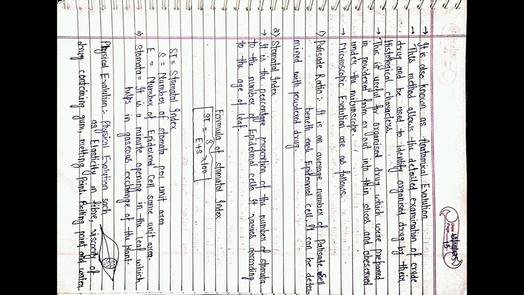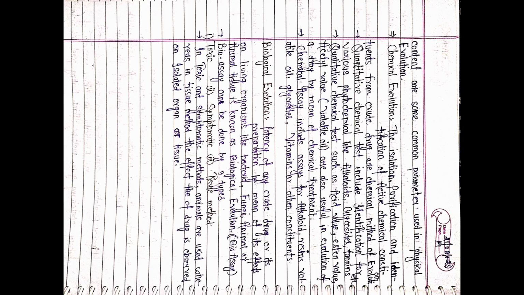Physical evaluation. Some common parameters are used in physical evaluation. Chemical evaluation: the isolation, purification, and identification of active chemical constituents from crude drug are chemical methods of evaluation. Qualitative chemical tests include identification for various phytochemicals like alkaloids, glycosides, tannins, etc. Quantitative chemical tests such as acid value, ester value, acetyl value, volatile oil are also useful in evaluation of a drug by means of chemical treatment.